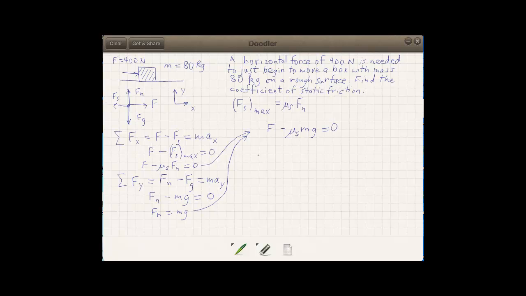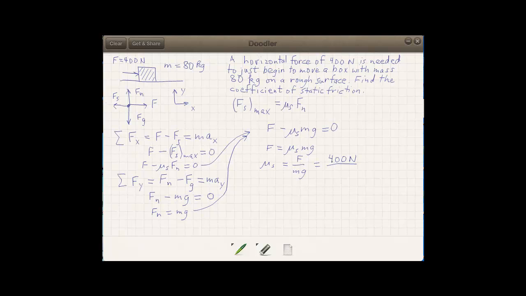We're almost finished. F equals mu sub s mg, and now divide both sides by mg and turn it around: mu sub s equals F over mg. As we plug numbers in, we should always plug their units in with them, because then we can check our answer and make sure it has the right units.